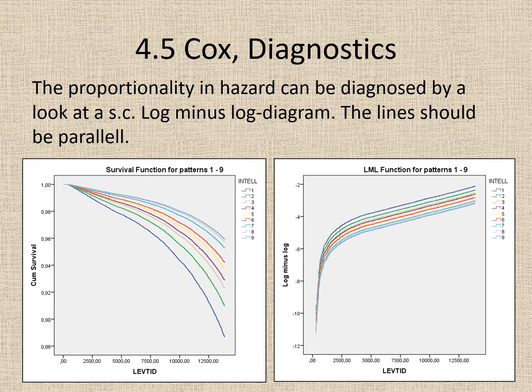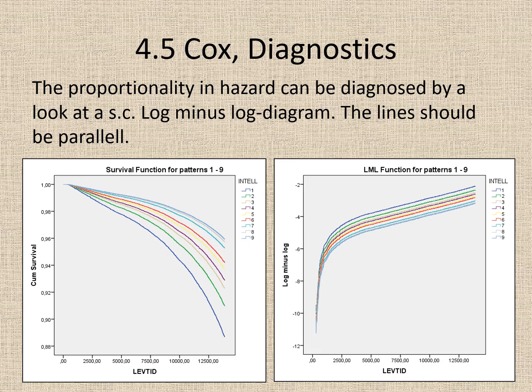Should I say all individuals are living at that point in time? Yes, here. Dying? Here everybody is alive. Yeah, they are still all living. They will die sometime, but we don't see when they die. No, but if we have a look at the group with highest intelligence, after 5,000 days, I don't know, 0.5% have died.